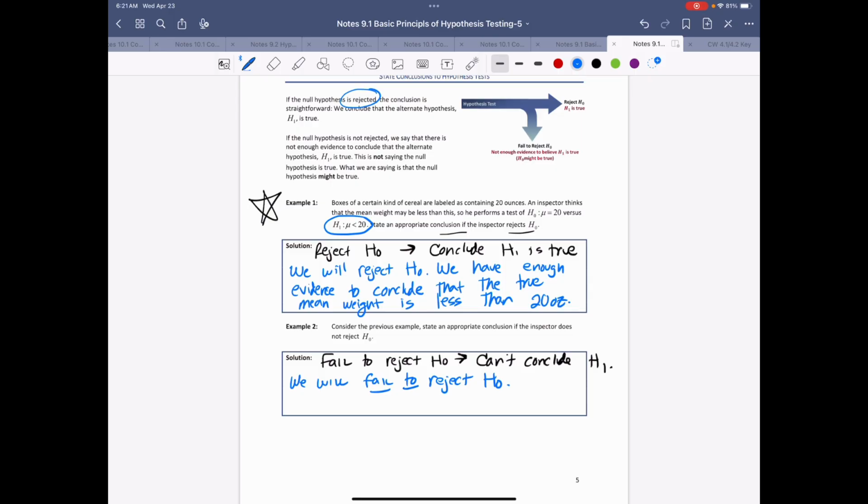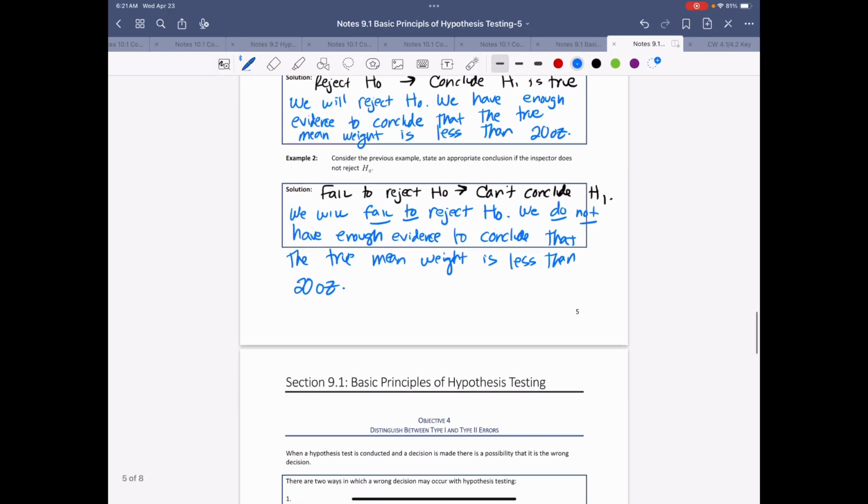And then it's going to look just like that other conclusion, except you're going to say we do not have enough evidence to conclude that the true mean weight is less than 20 ounces. All right, and that's how your conclusions are going to go.